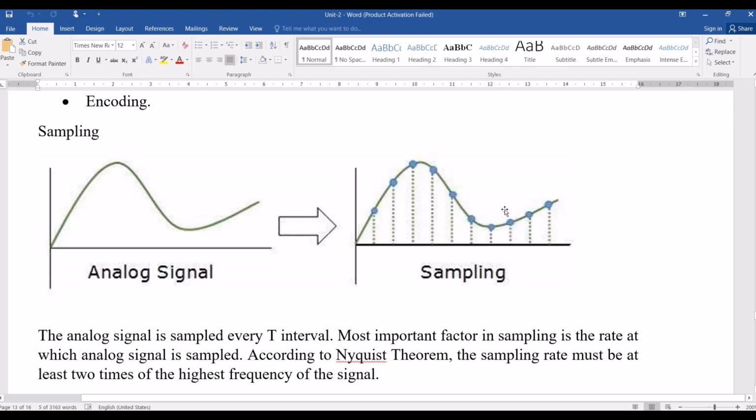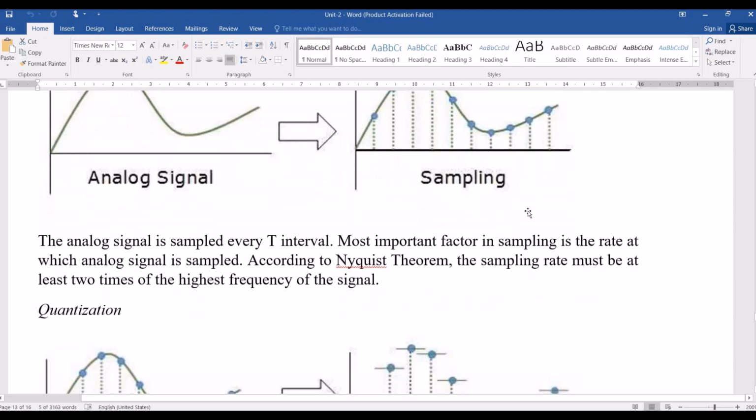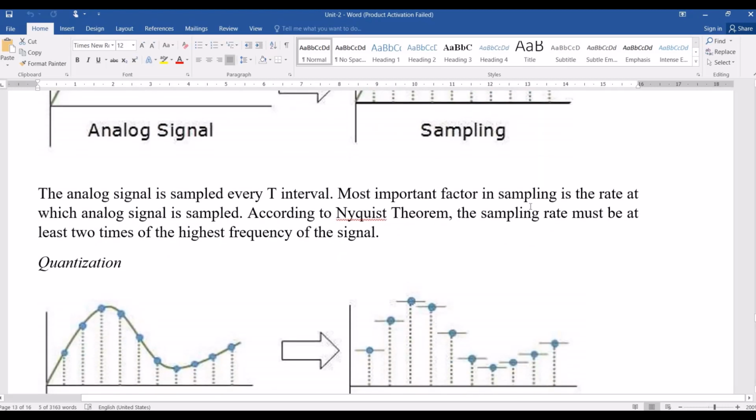The signal is sampled at every time interval. Between samples there is again some time interval, then another sample. The most important factor in sampling is the rate at which the analog signal is sampled. According to the Nyquist theorem, the sample rate must be at least 2 times the highest frequency of the signal.